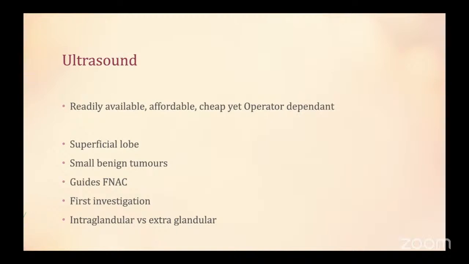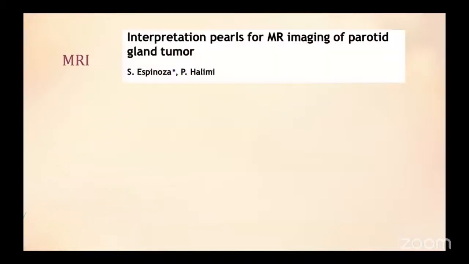But usually MRI is the preferred investigation. The FNACs have to be ultrasound guided so that the yield is high. And it is a good investigation to differentiate between intraglandular versus extraglandular. Ultrasound is also very operator dependent.